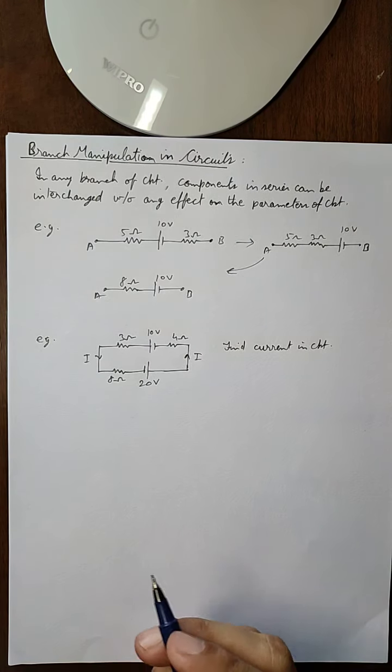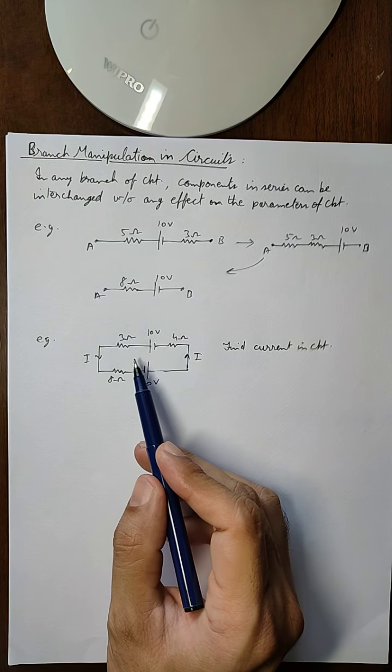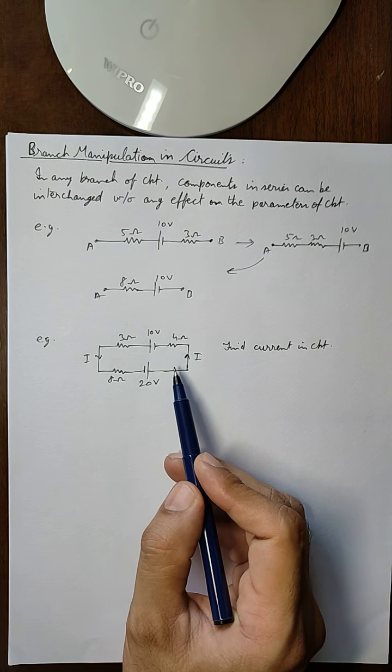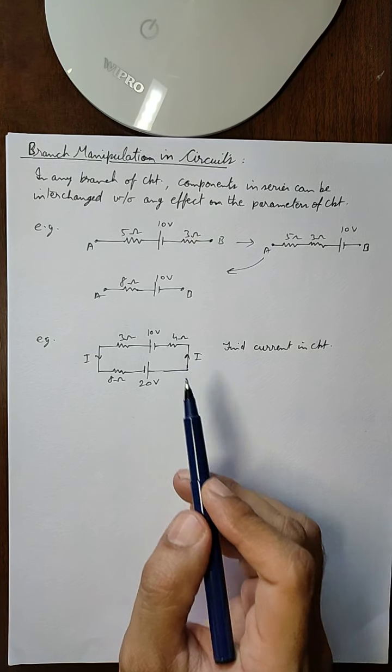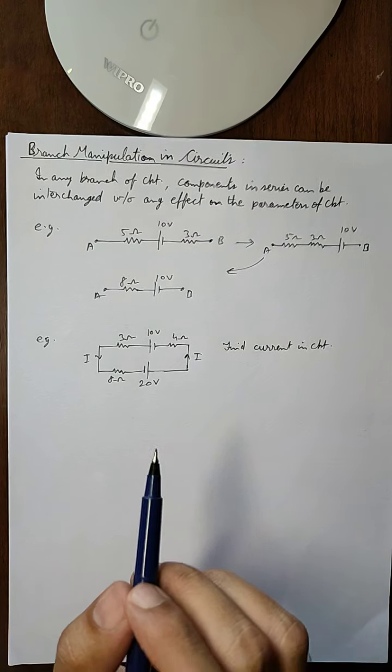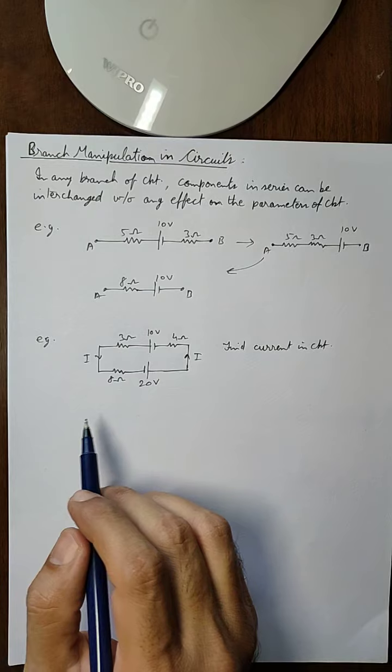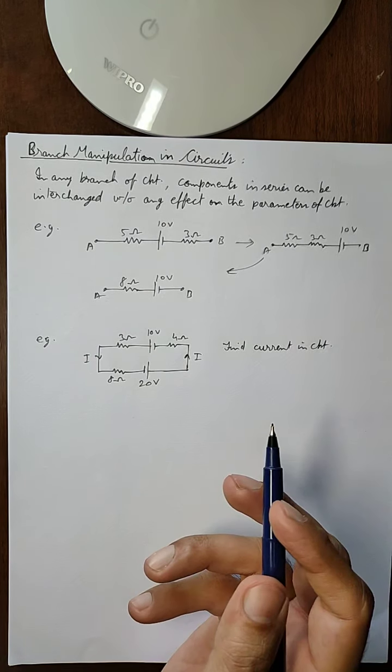Now note here that we can also solve this circuit by using KVL or KCL, Kirchhoff voltage law and Kirchhoff current law. Those methods are always there. This is another method to simplify the circuits.